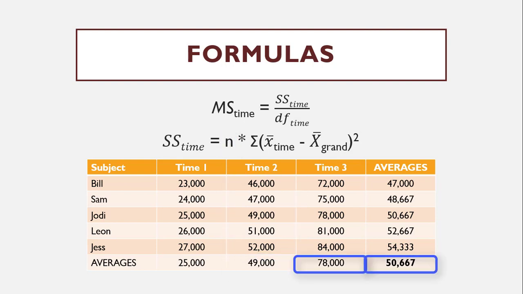And then we're going to look at time 3, 78,000 minus 50,667. Multiply that by 5. And of course, we need to square all of these estimates to deal with the fact that 25 is going to be below the average, but 78 is going to be above the average. And really, we care about total variability, total deviations. And so we have to square it to deal with the fact that some are going to be positive, some are going to be negative, similar to what we saw before.